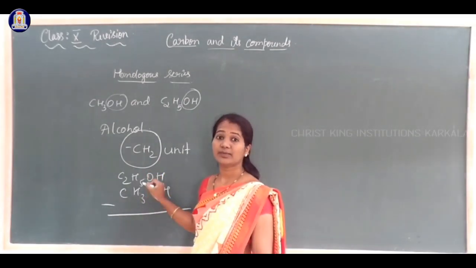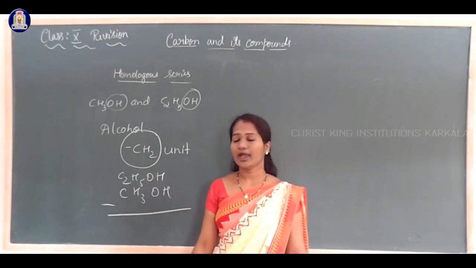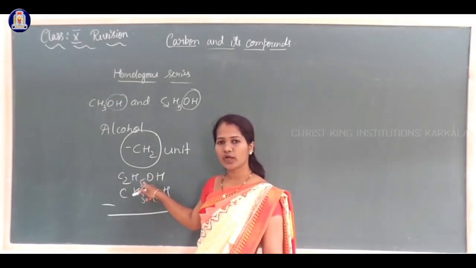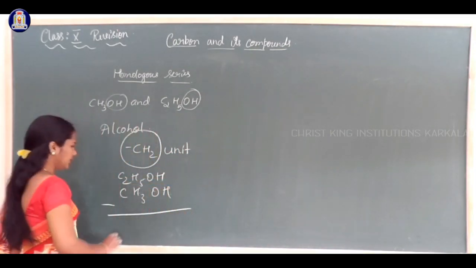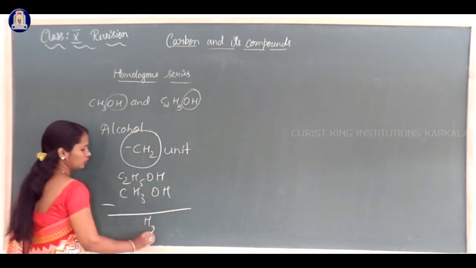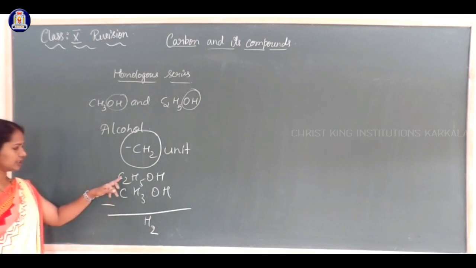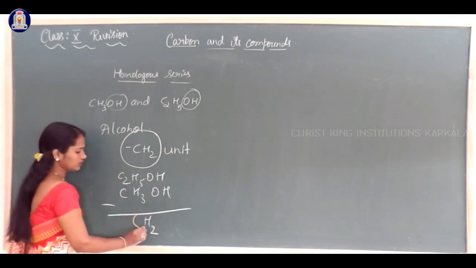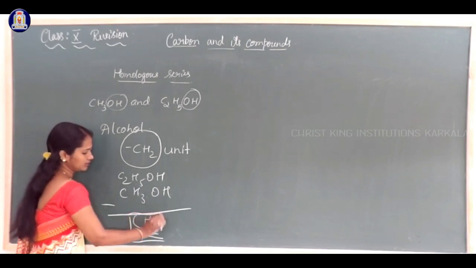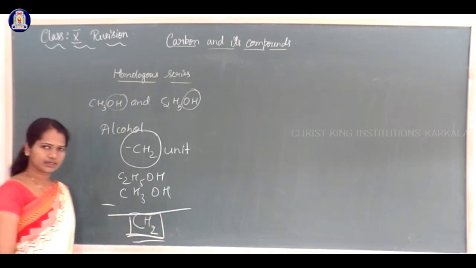5H minus 3H: you are subtracting 3 hydrogen atoms from 5 hydrogen atoms. So how many hydrogen atoms will be remaining there? There will be 2 hydrogens remaining. And carbon C2, here C1. So 2 minus 1 is 1. CH2 is the difference you are getting.